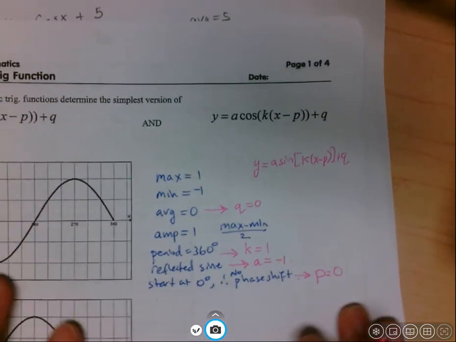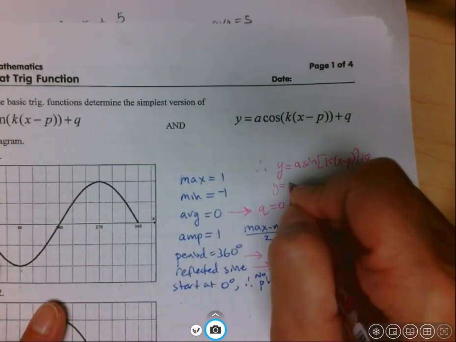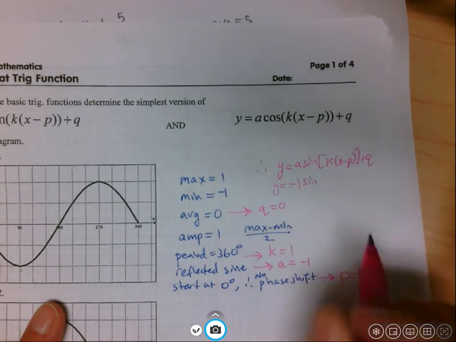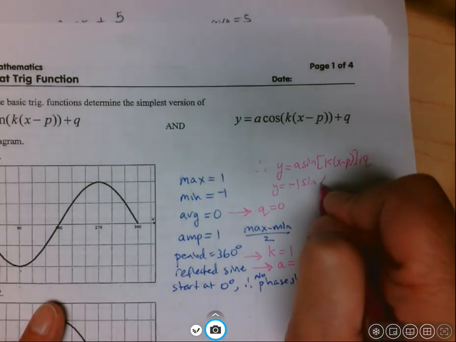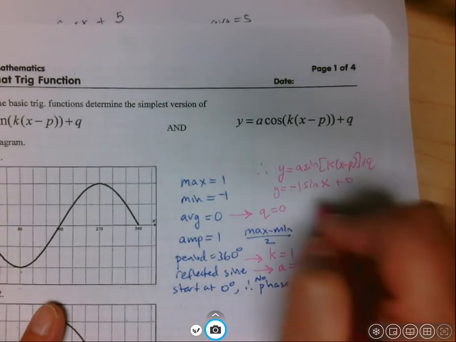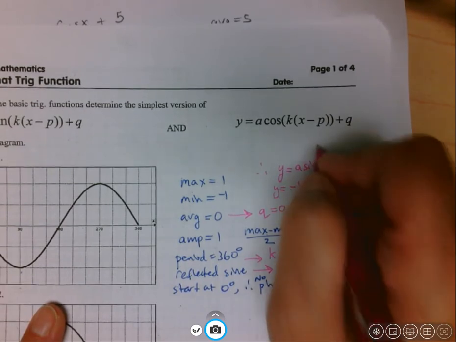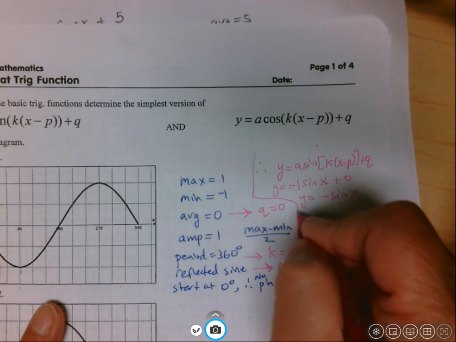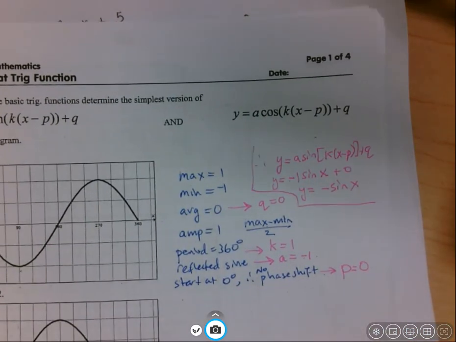Now I'm going to replace all my things. y is going to be -1 sine. Now my k is 1 and my p is 0, so that's just going to be sine x. And then my q is 0, so plus 0, or in other words, y equals negative sine x, and that's it. I'll put this in a box. So that's the equation, y equals negative sine x.